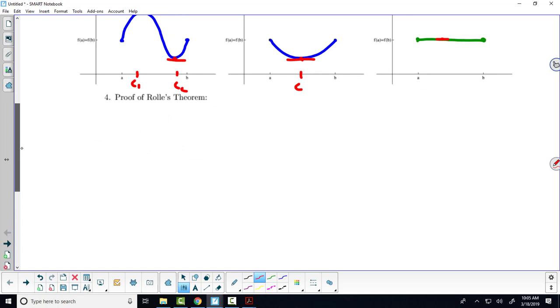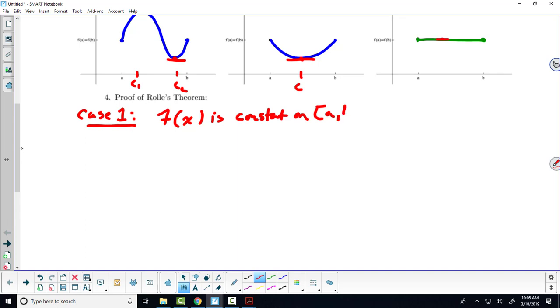All right. So let's prove Rolle's theorem. And actually the proof of Rolle's theorem is going to examine, we only drew 2 of the cases on the board, but we'll consider two cases. So case 1, let's examine the case if f of x is constant on [a, b]. Then what's the derivative of a constant?